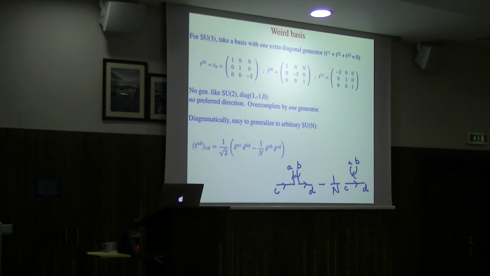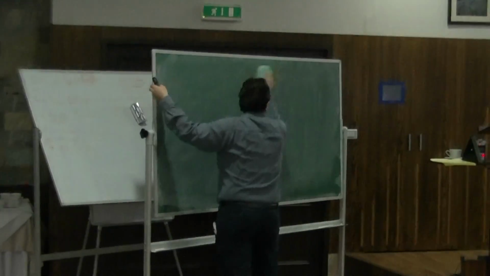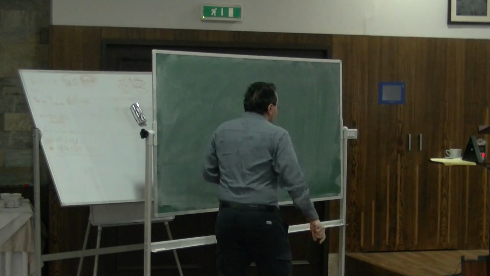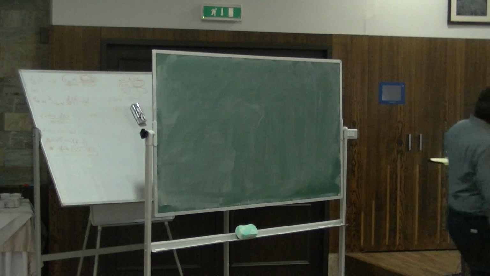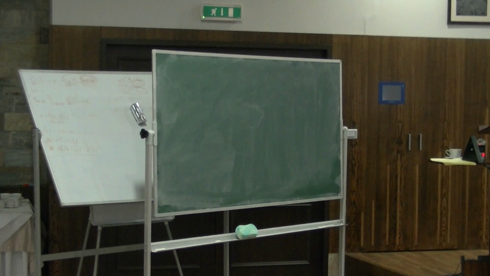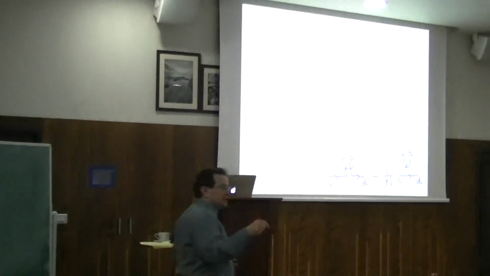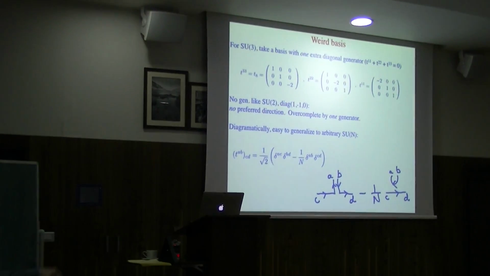It looks perverse, and I'd like to show you why it's not perverse, and it enables you to derive arbitrary identities in a very simple fashion. Because A, B, C, and D are all fundamental indices, so they all run from 1 to n.